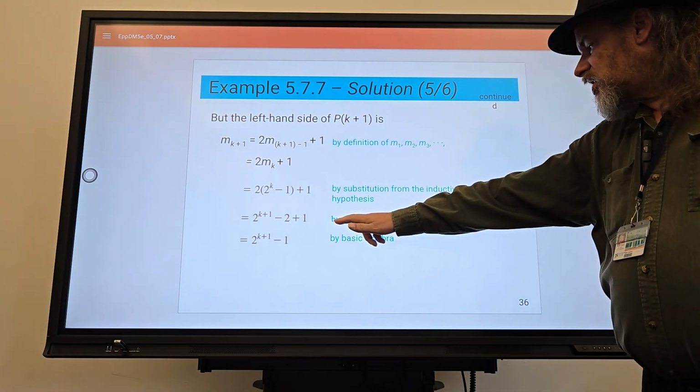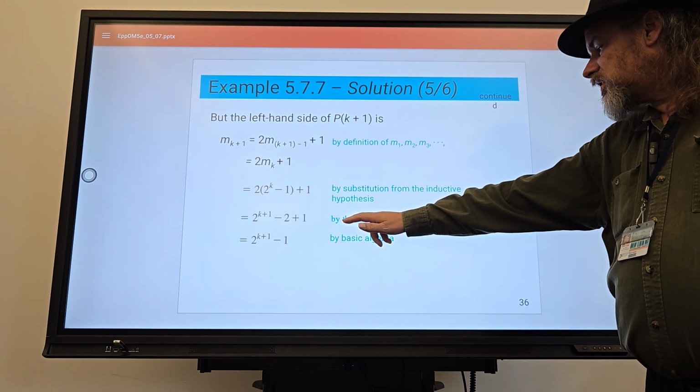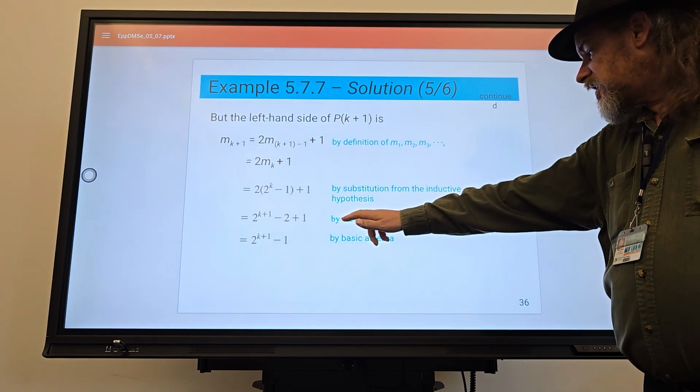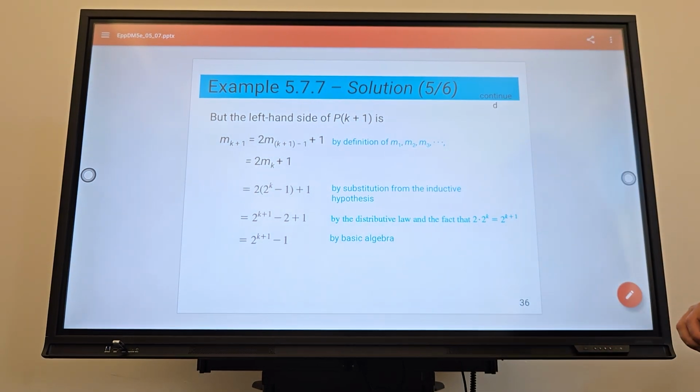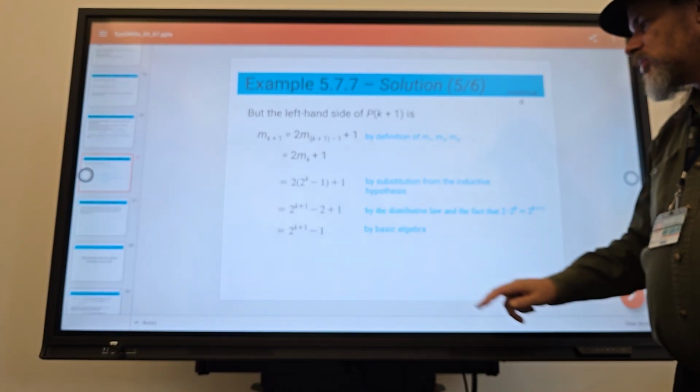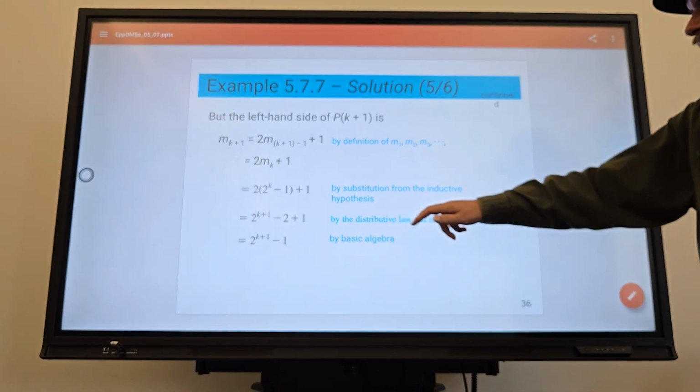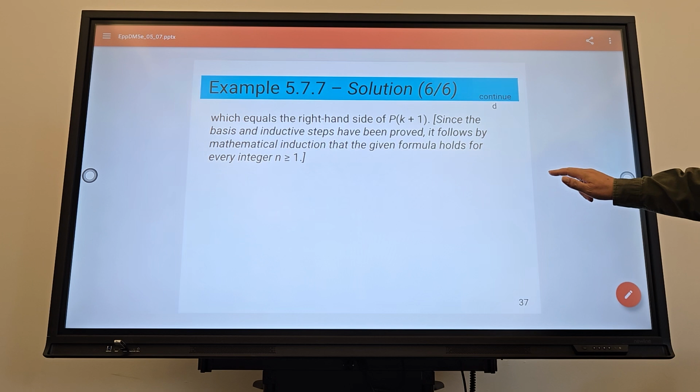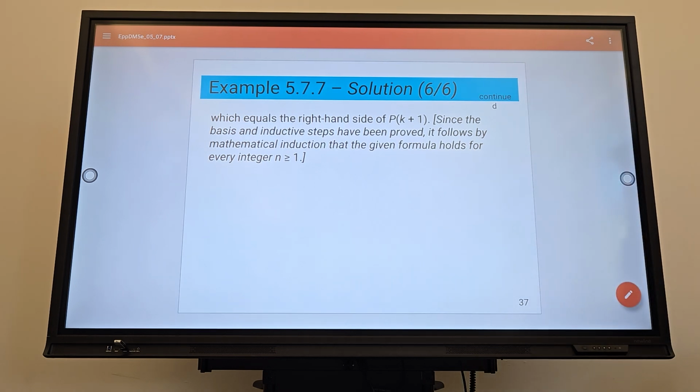It's the distributive law, in fact, and the fact that 2 times 2 to the k equals 2 to the k plus 1. And basic algebra gives you this equation here, which equals the right-hand side of P of k plus 1. And since the basis and inductive steps have been proved, it follows by mathematical induction that the given formula holds true for every integer n greater than or equal to 1.